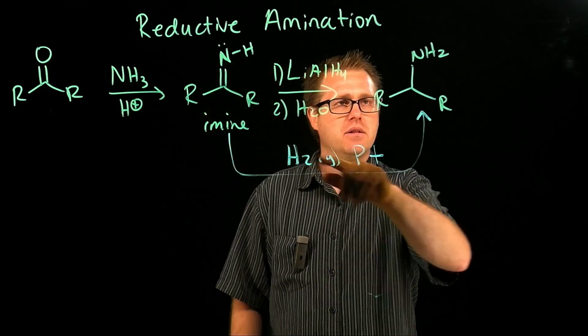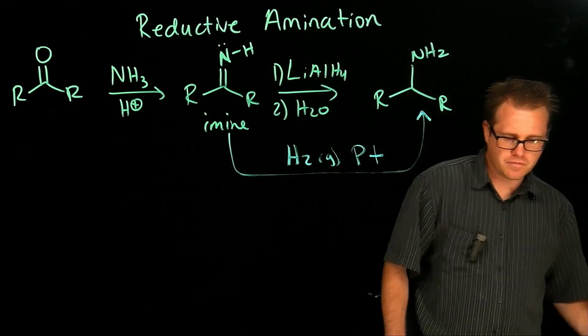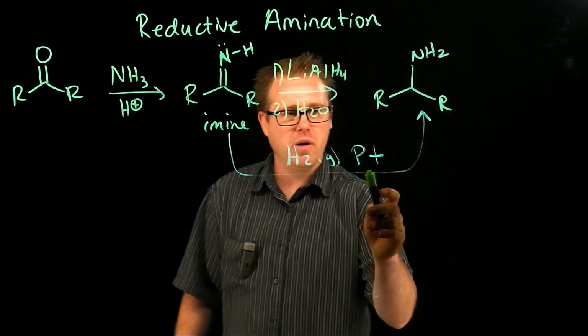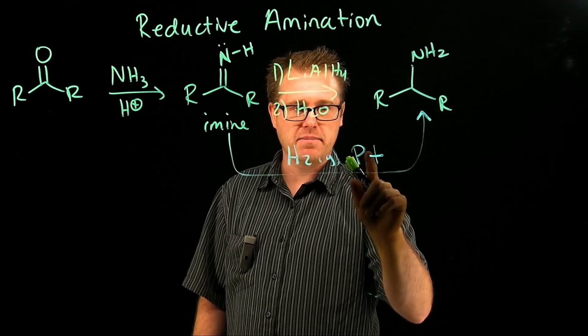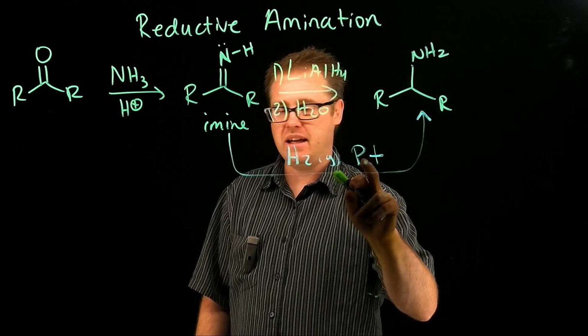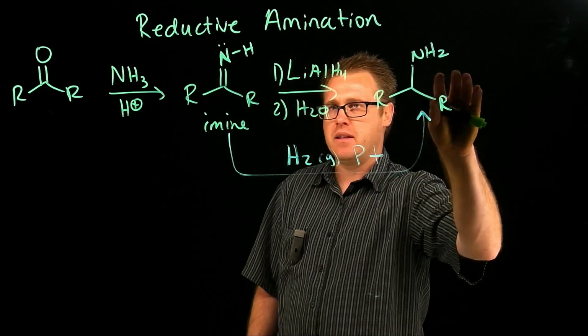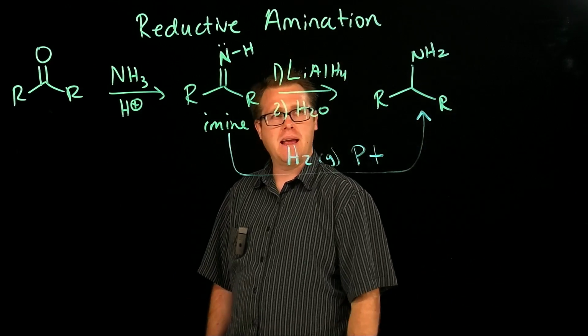That will generate the same amine as well. I misspoke. That's not palladium. That's platinum. Okay? Palladium is Pd. Pt is platinum. So that's another way that you can generate an amine.